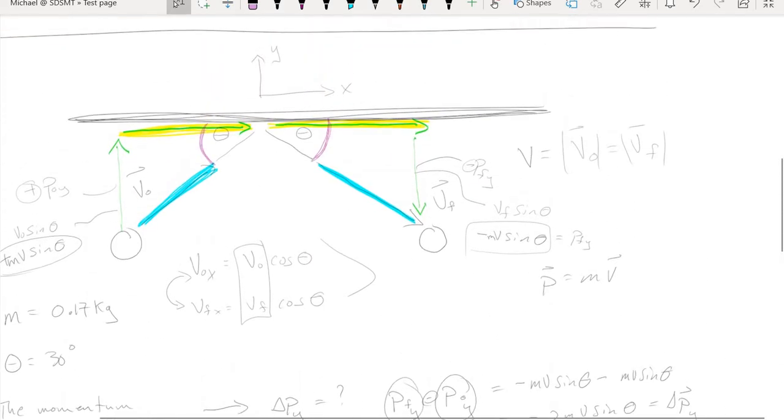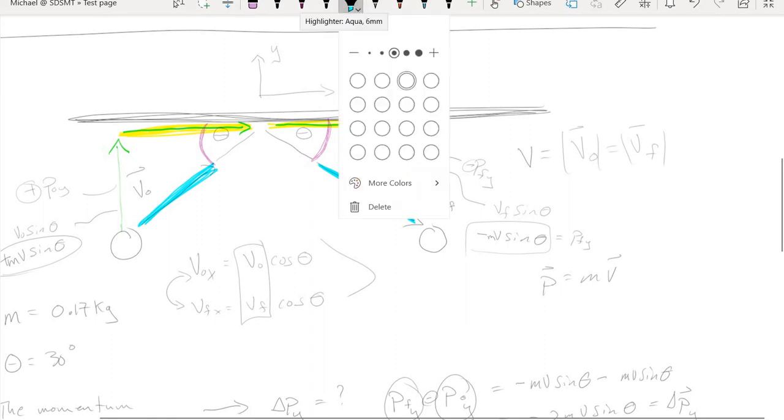When the billiard ball strikes the table, the only change in momentum is along the y direction. There was no change along the x direction. So how does the billiard ball change its momentum in the y direction? Well, that's going to happen because the wall is going to push on the ball.